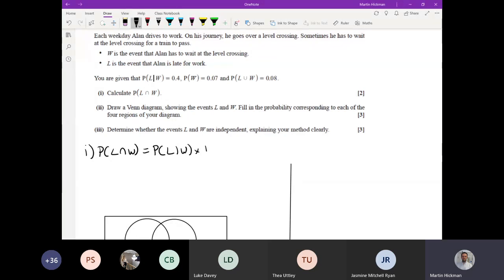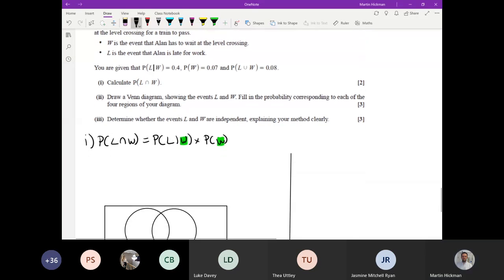And we have to multiply it by the probability of W. So got a W there, so also have a W there as well. So the probability of L given W is 0.4. The probability of W is 0.07. Multiply them together and we get 0.028.